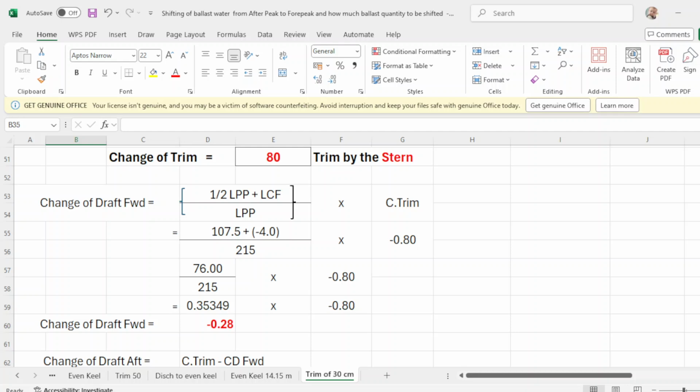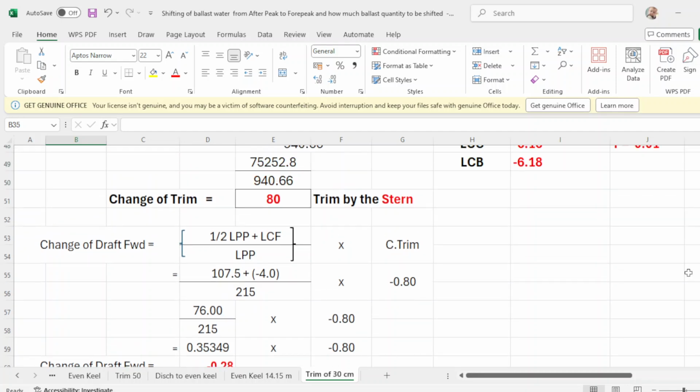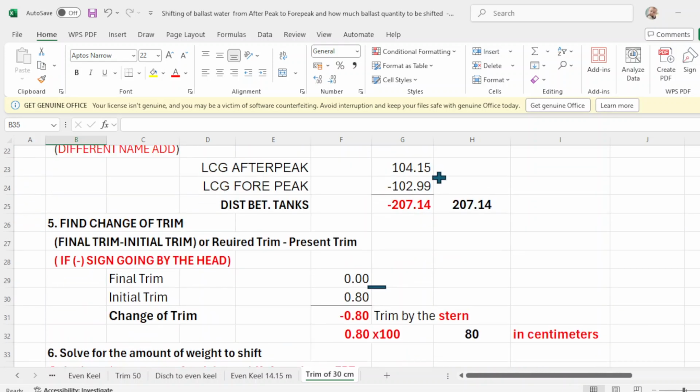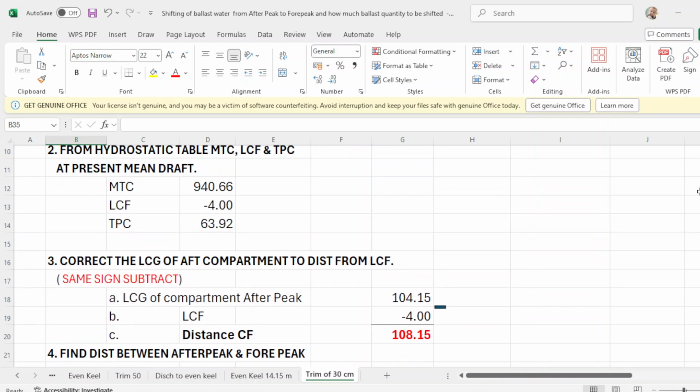And now we apply the change of drop. Okay, change of drop, one half of LPP is 107.5, and your LCF. Your LCF is negative 4 meters, 0.4.